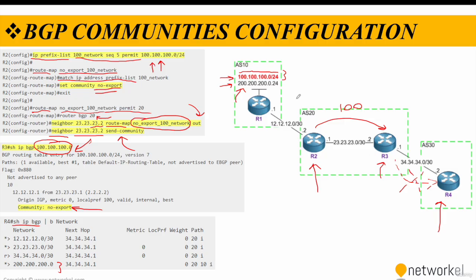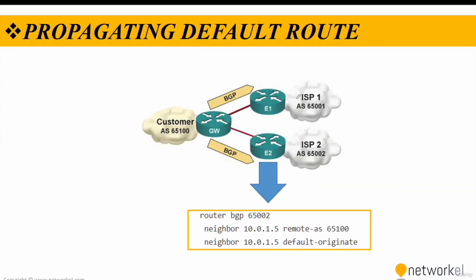Alright guys, so the last thing that we will talk about in this section is propagating a default route with BGP. So the BGP default route is a command used to propagate a default route to BGP peers.